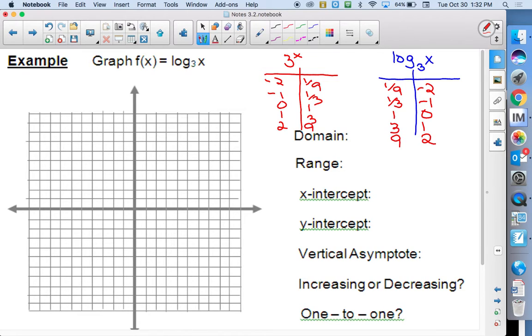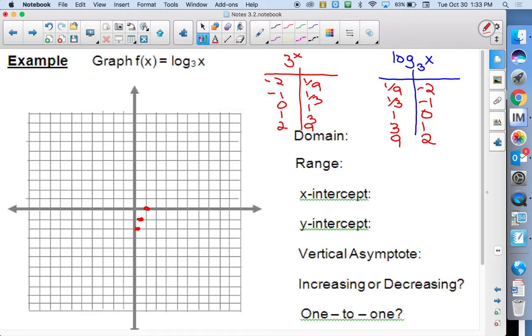So we thought about the inverse function as an exponent. We plotted the values for x and y of the exponential function, and then we flipped them to get the log function. So when we graph, the x is now 1/9, and we're going down to -2. And then at 1/3, we're down to -1. And at 1, we're at 0.